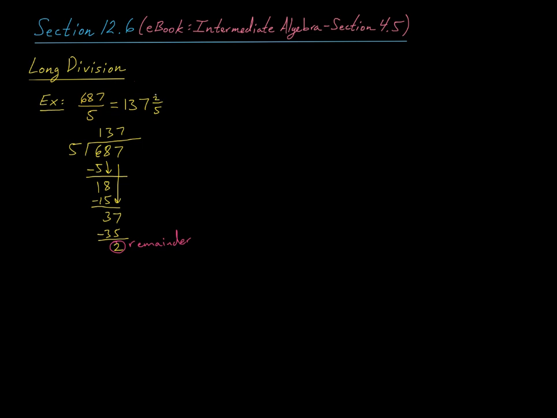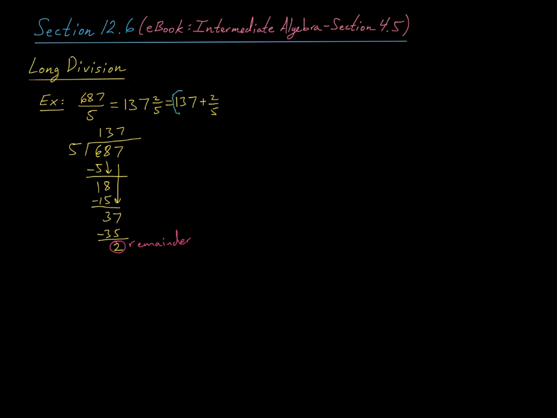And we call this expression a mixed number. Now, though it's not common to write mixed numbers in the following way, I can write this as 137 plus 2/5. When you say 137 and 2/5, that "and" is really indicating an addition. And it's this format that we're actually going to use when working with polynomials.